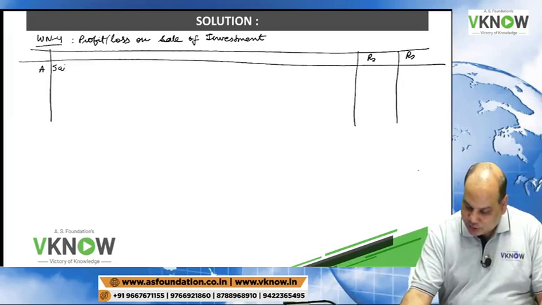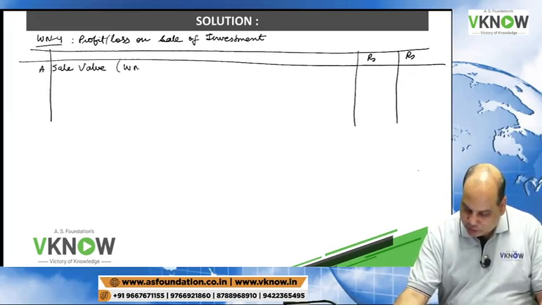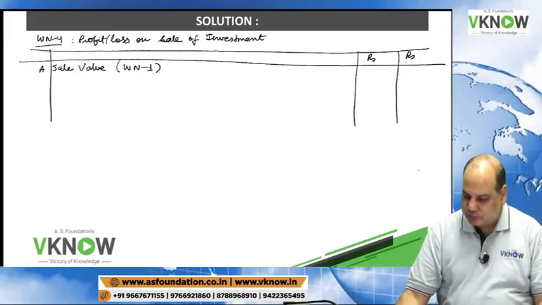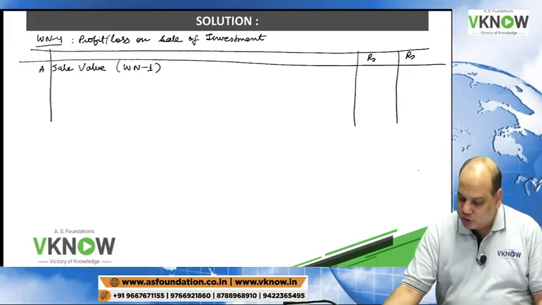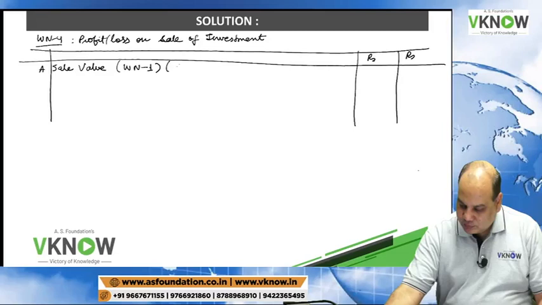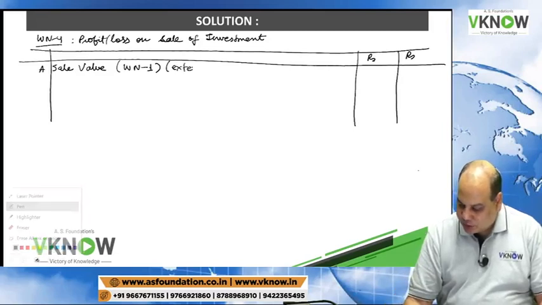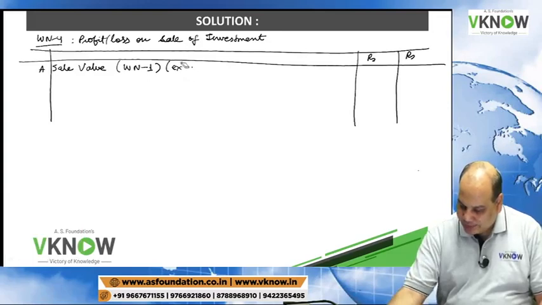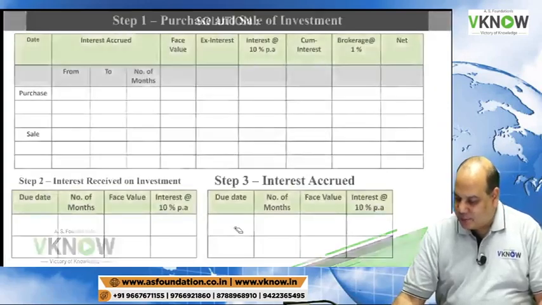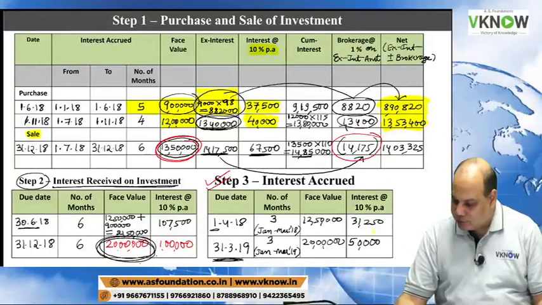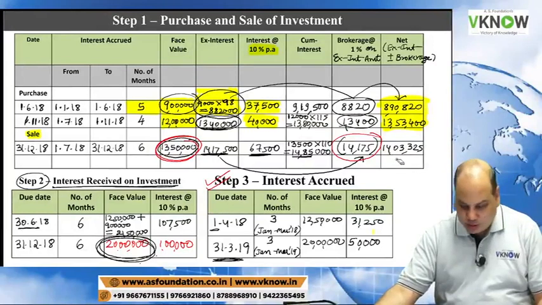First write down sale value. In bracket working note 1. You will write the ex-interest amount minus brokerage figure. Go to this working note number 1, last column here.